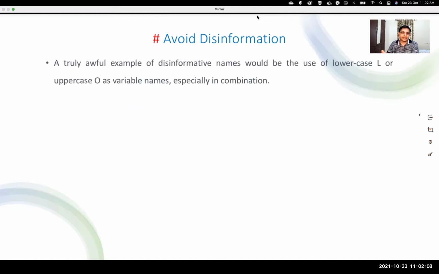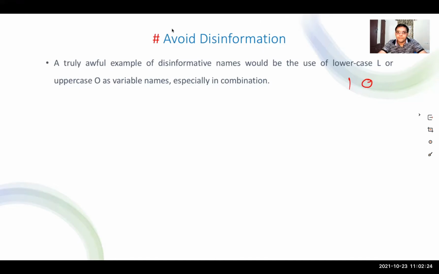Okay, so frightfully similar shapes, that's what he is telling. Another thing is lowercase l and lowercase or uppercase O. How are these read? As 1 and 0, right?